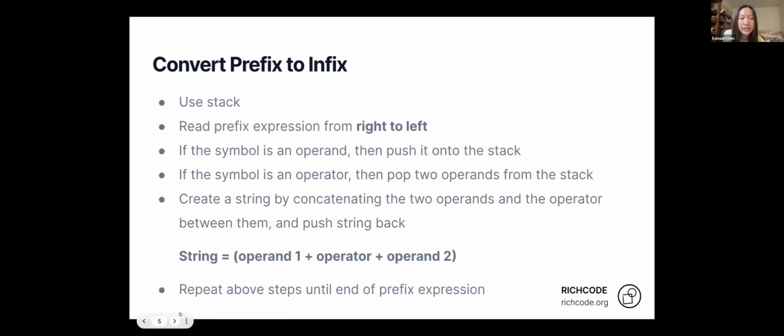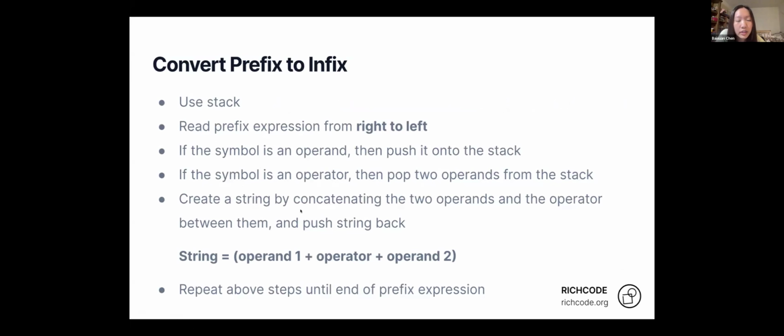And then next is converting prefix to infix. To convert prefix to infix, we use a stack and read the prefix expression from right to left. If the symbol is an operand, then push it onto the stack. An operand is like a number, and an operator is usually addition, subtraction, multiplication, or division.